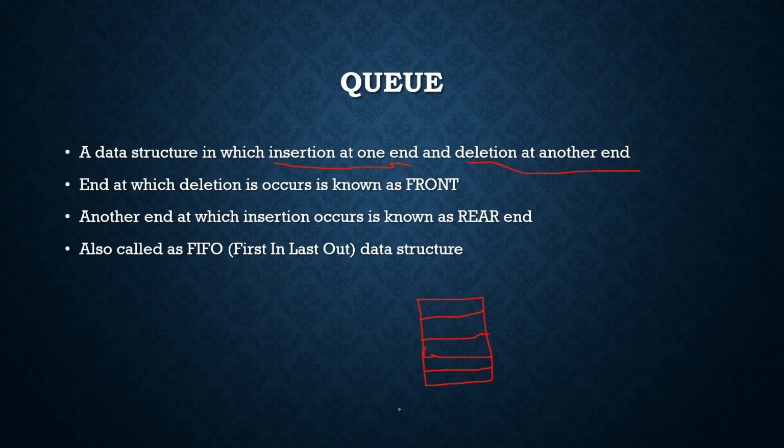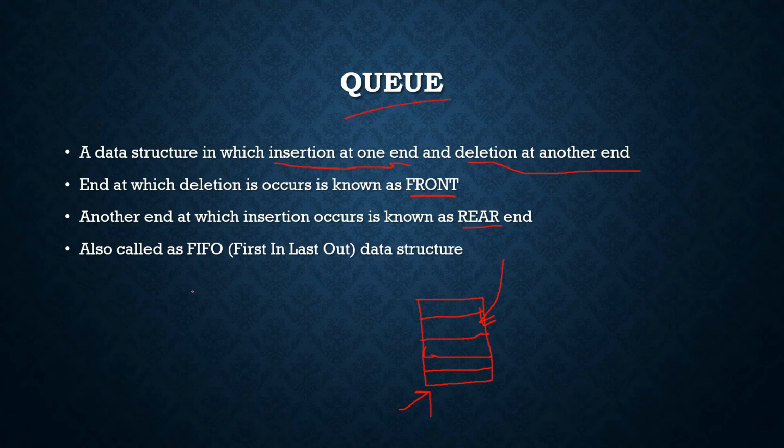If we insert on this side, we delete on that side. The end at which deletion occurs is known as the front, and the other end at which insertion occurs is known as the rear end.